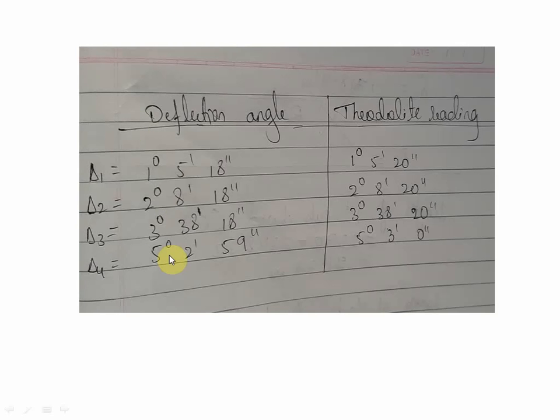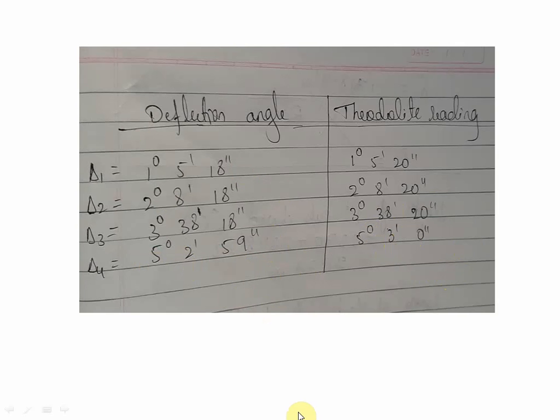So here it is 5 degrees 2 minutes 59 seconds. Okay, so in the theodolite reading you won't get 59 seconds, so it should be rounded up to 60 seconds. So 60 seconds means plus 1 minute. That's why 5 degrees 3 minutes.